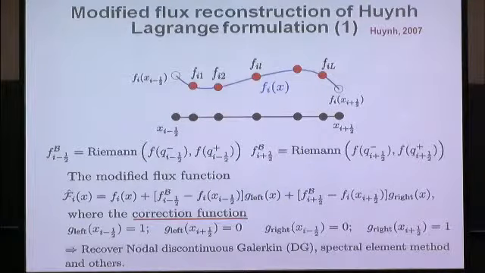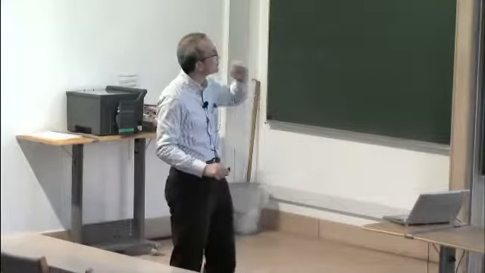The first one is actually a Lagrangian type of formulation. Here we have the primary interpolation function constructed like this. We do not have values at a boundary point, and now we need to solve for a boundary value. We suppose that we have a proper Riemann solver to do that.